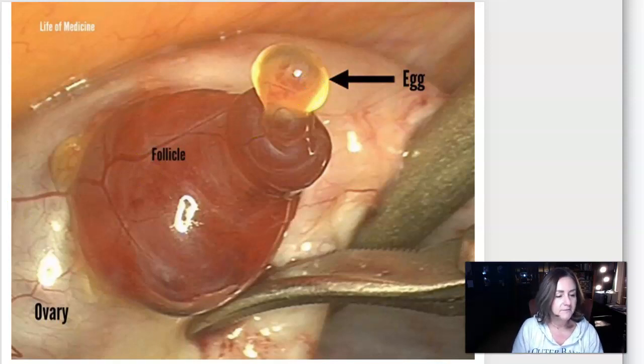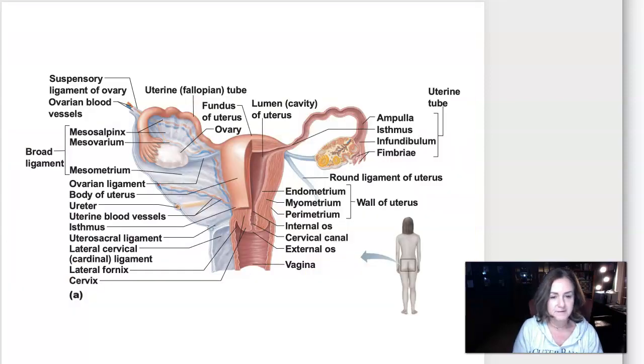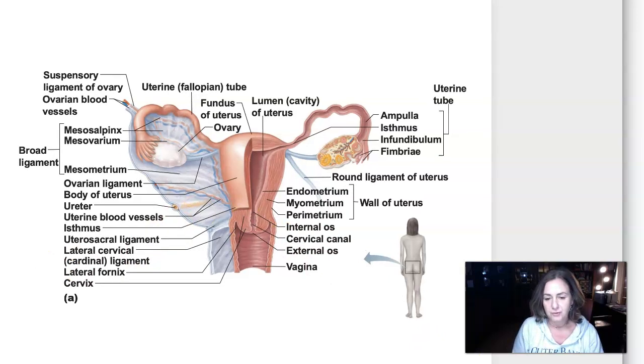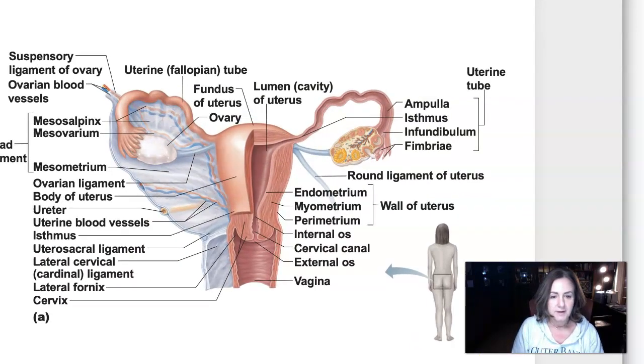So moving on from the ovary, the female reproductive tract is made up of internal and external structures. Taking a look at the diagram from the book, we can see the two ovaries. We've talked about those. There are two uterine tubes, also called fallopian tubes.